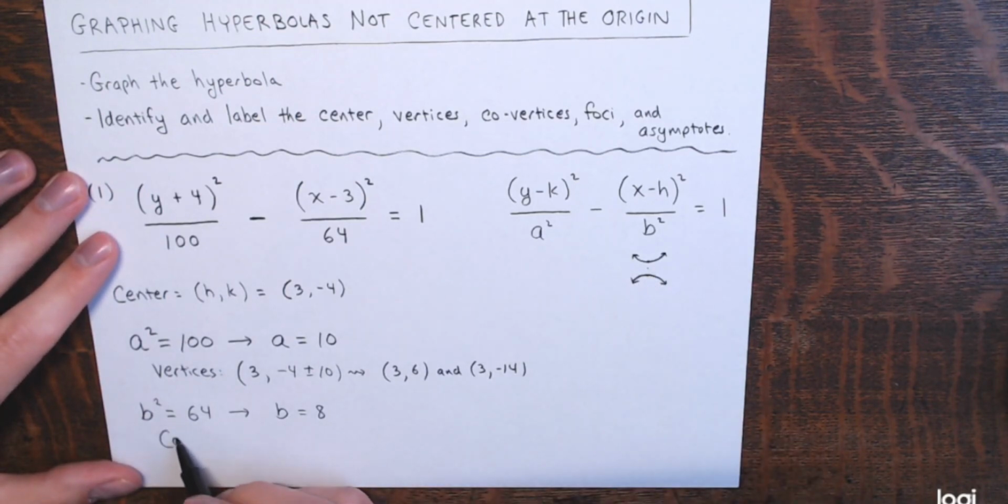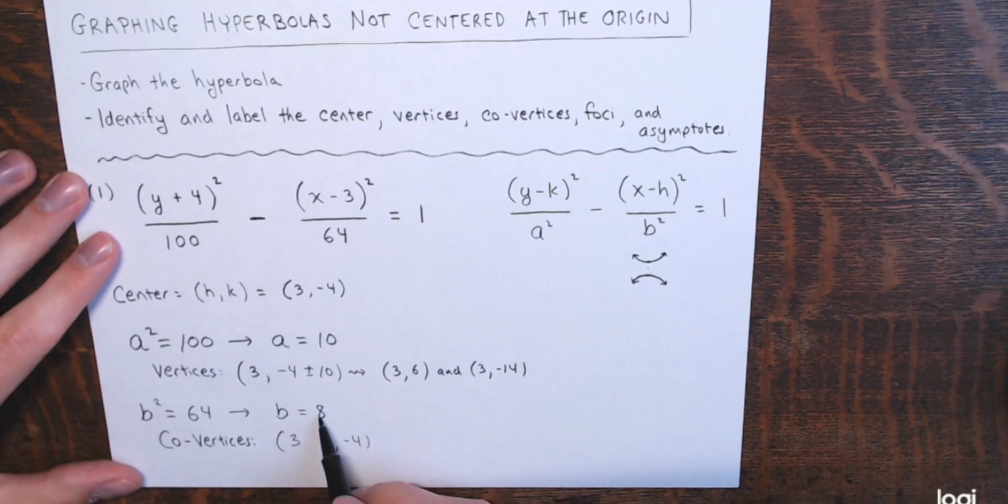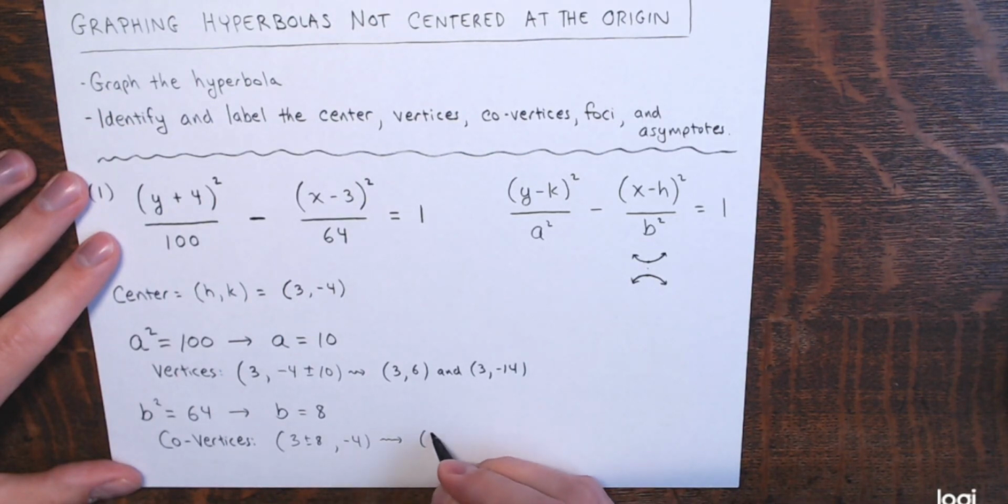So for the co-vertices, I'm going to take the coordinates of the center, 3, negative 4, but I'm going to add and subtract 8 to the x coordinate, to move it right and left. So the co-vertices are 11, negative 4, and negative 5, negative 4.